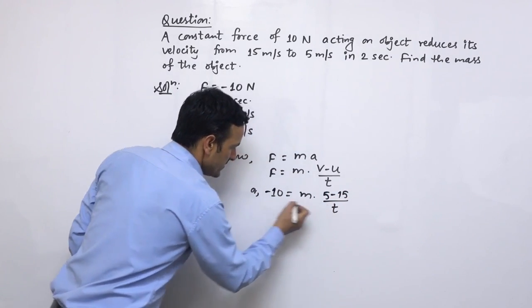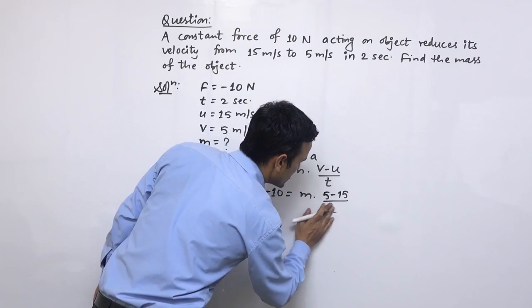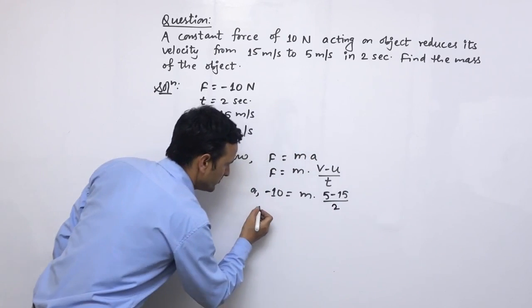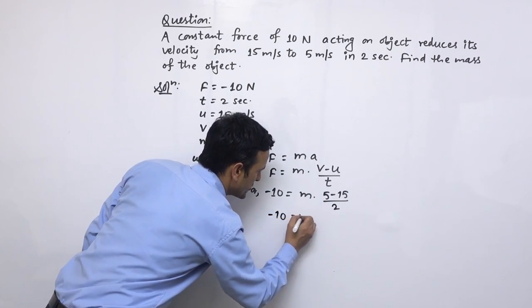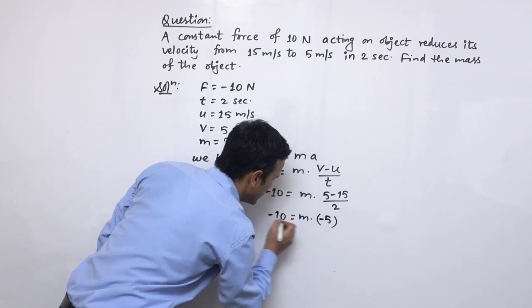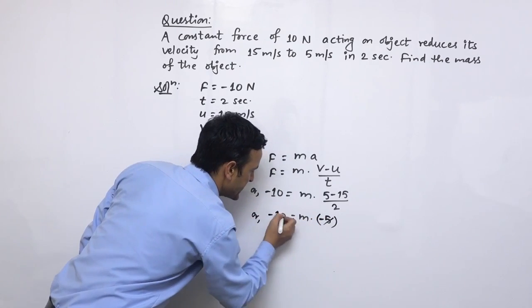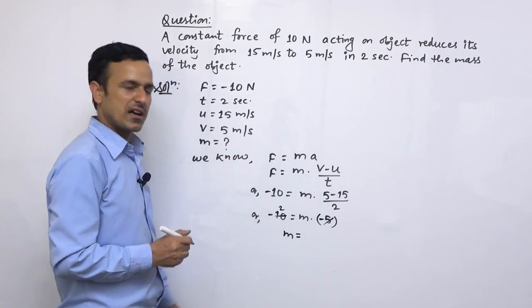Time is also given here, so write down 2. Now -10 is equal to m times -10 by 2, which means -5. So 5 and 10 we can cancel, and minus and minus cancel again.